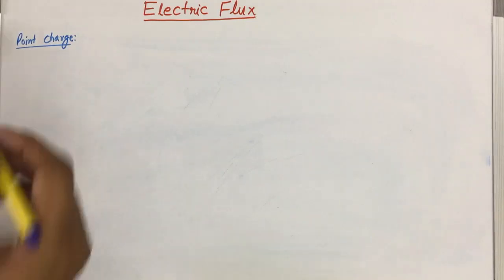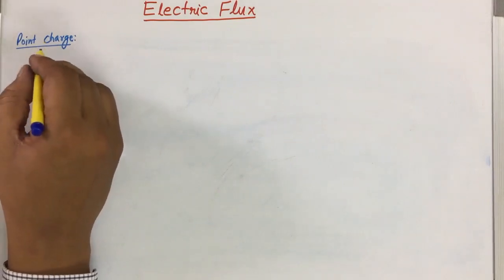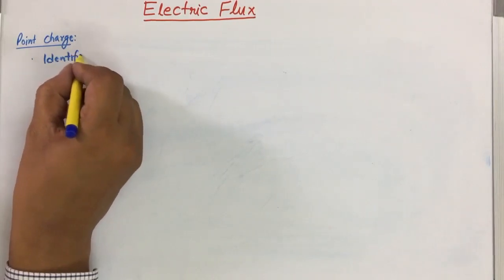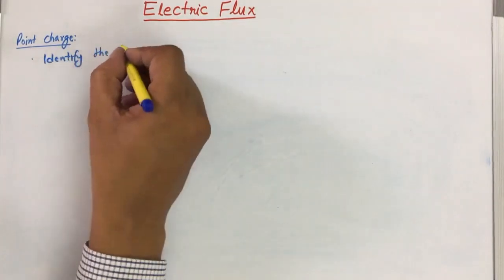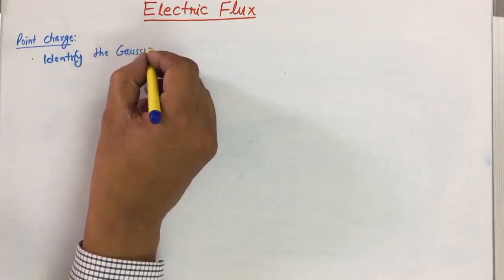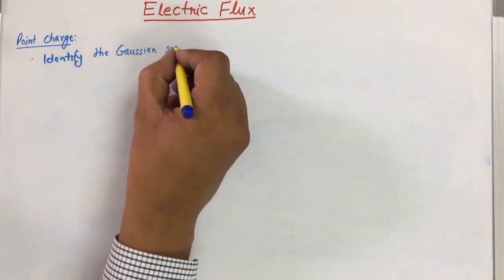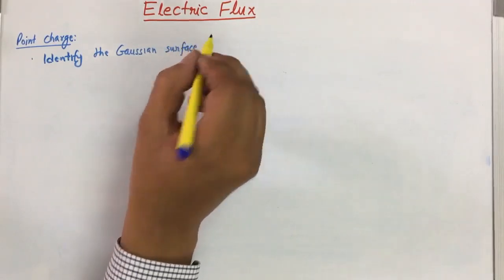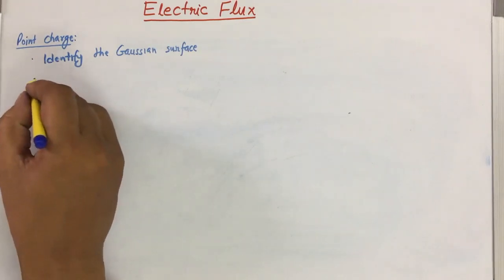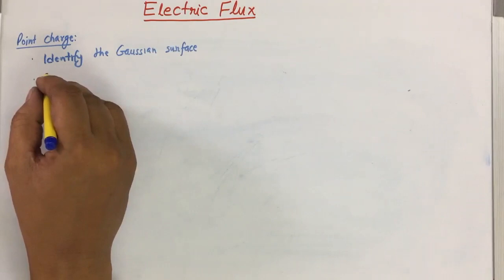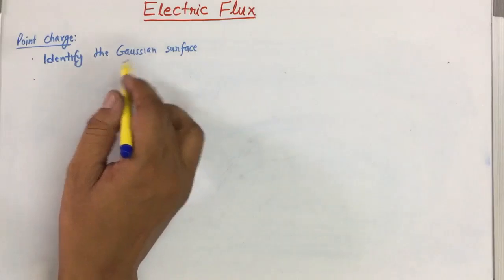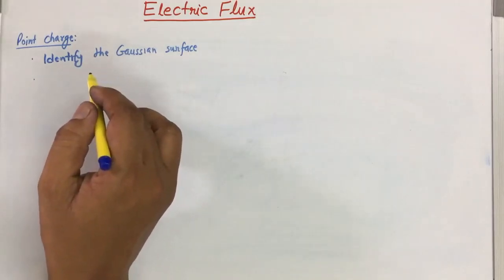The first one is, it is mandatory to identify the Gaussian surface. This surface is chosen based on the electric field symmetry.